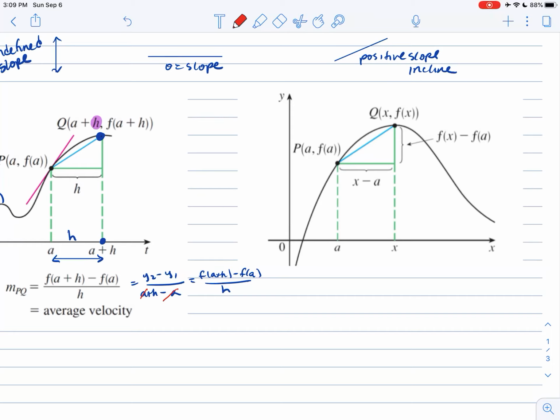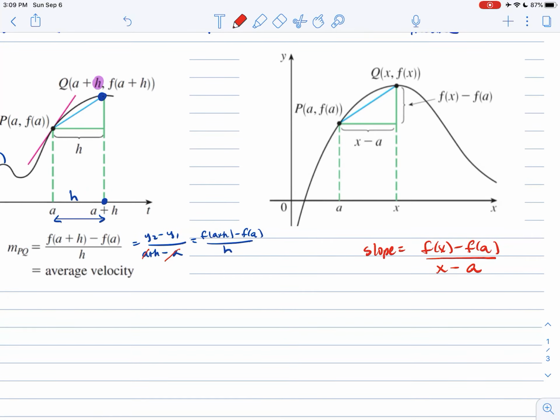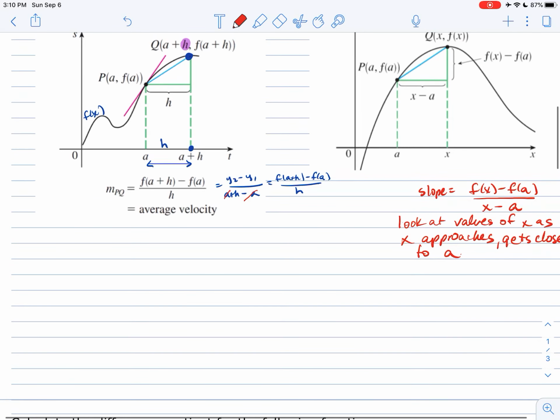You also might see in other textbooks where we just have this arbitrary value a, and we have another arbitrary point x, and we would say that the slope here would be f of x minus f of a over x minus a. Good. And in this case, we would be wanting to look at values of x as x approaches or gets closer to a. Right?